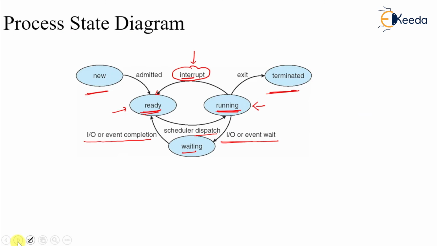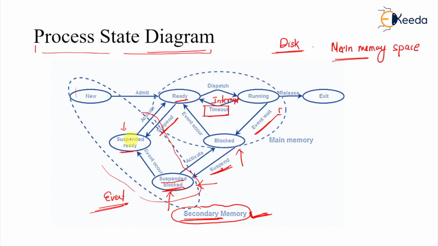The third dimension is preemption, where something external can take the running process to the ready state. And finally we added the dimension of suspension if there is a lack of memory space. So I hope I'm clear with all these concepts, and you understand the entire process transition diagram.